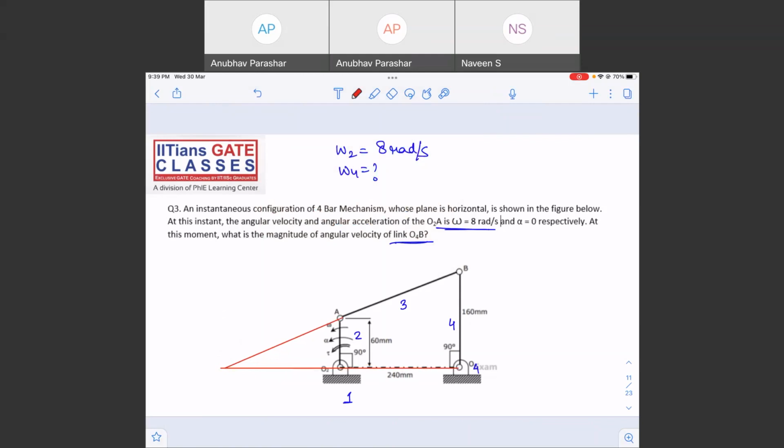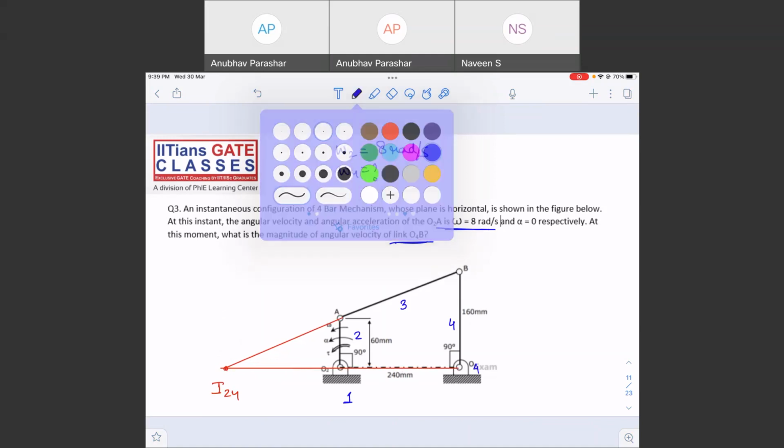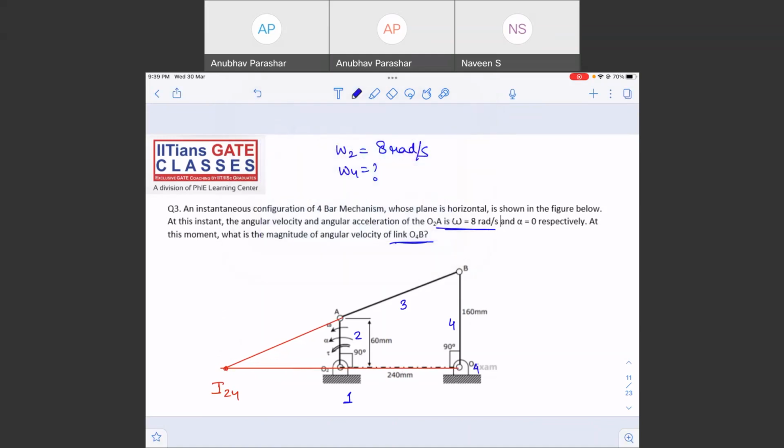Okay, this will be nothing else but I24. This is I24, right? So we know the angular velocity theorem also. Let us write it down. According to the angular velocity theorem, omega 2 into I12 I24 is equal to omega 4 into I14 I24.